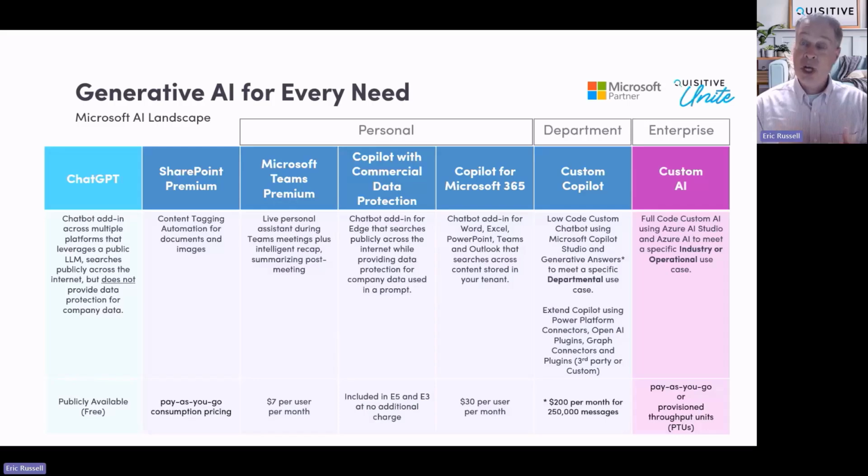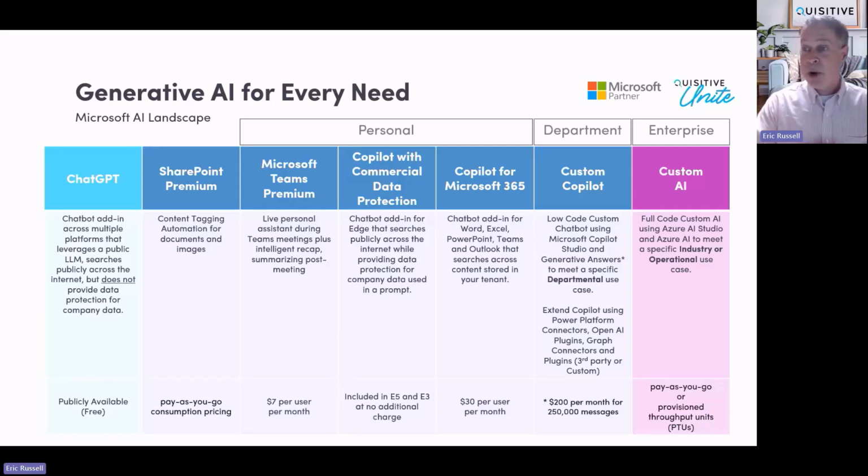So you can use company data in the prompt, the question or the query that you're asking. Now, it will use the web to answer the question, but it will not take any company data that's in that prompt and place it within the public domain. That is a key difference between Copilot with commercial data protection and ChatGPT. In fact, we oftentimes recommend that our clients use Copilot with commercial data protection instead of ChatGPT for that very reason.